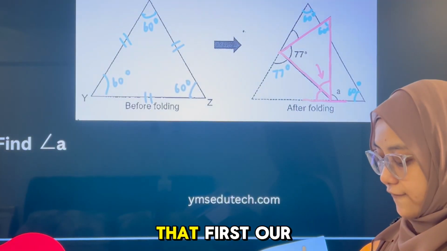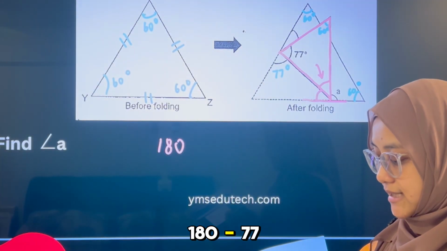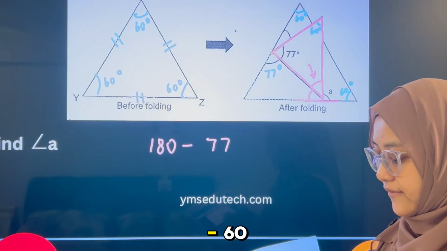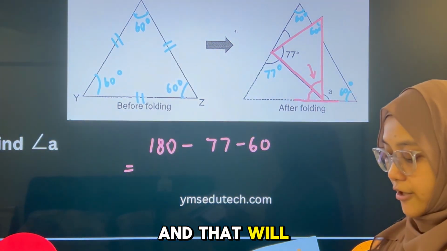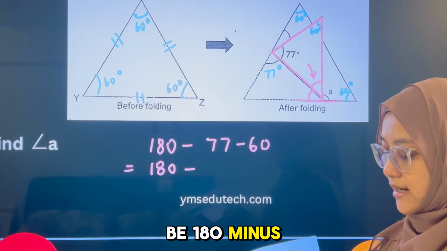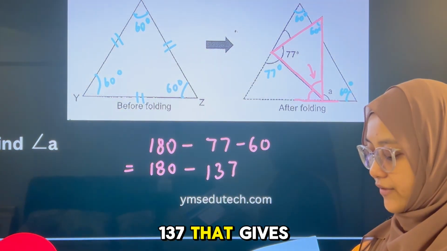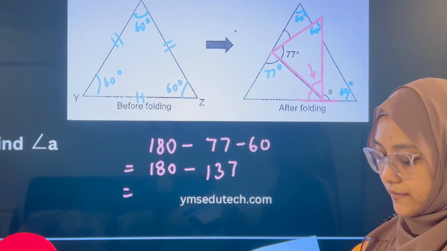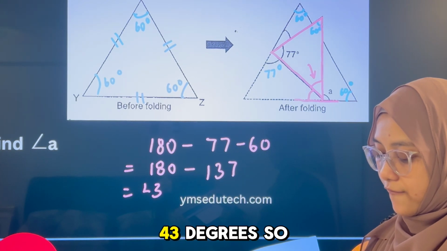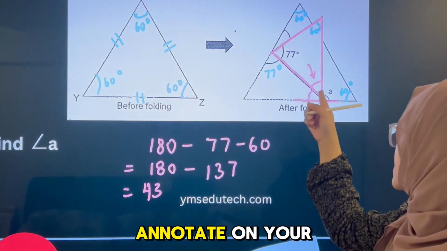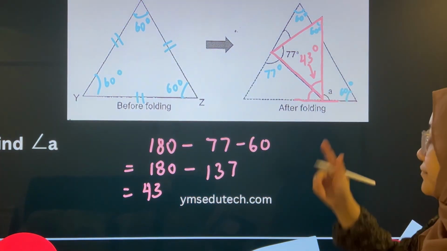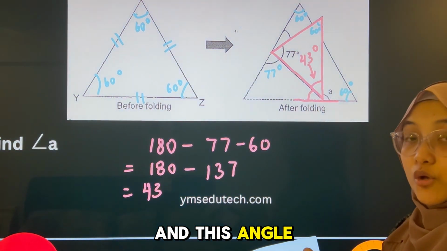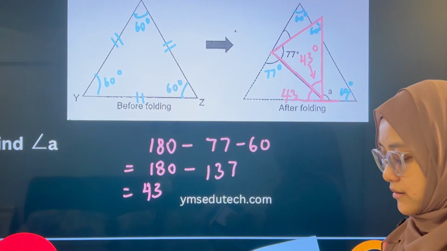So let's do that first. Our first step, 180 minus 77 minus 60, and that will be 180 minus 137. That gives us 43 degrees. So annotate on your diagram 43 degrees, and this angle is also 43 degrees.